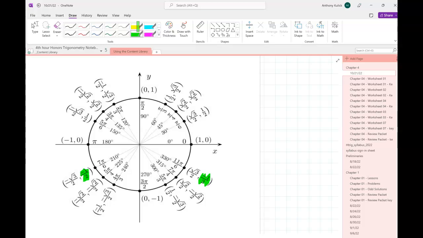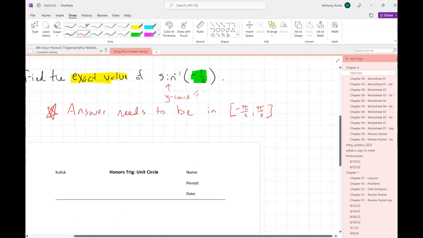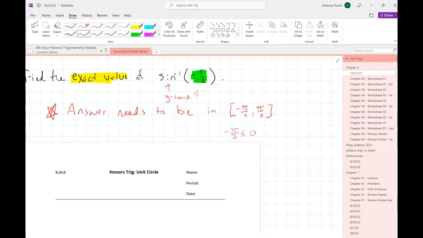Okay, found two possible answers, or two places on my unit circle. If I look at this interval, remember that this interval is the same thing as an inequality. What quadrants are these covering?